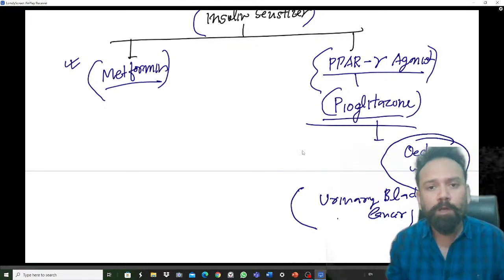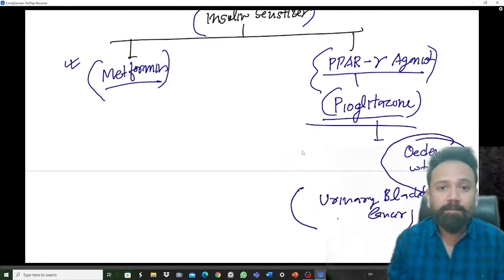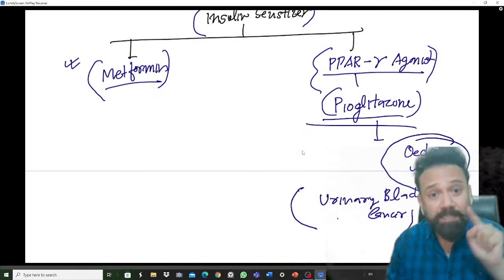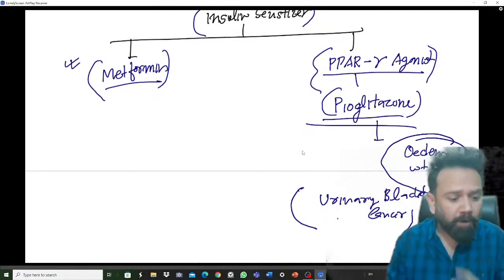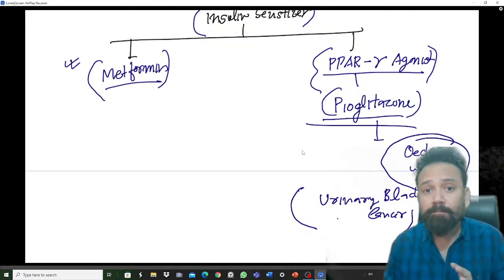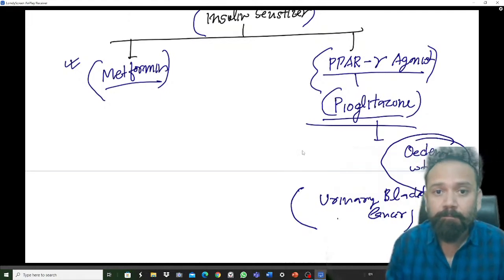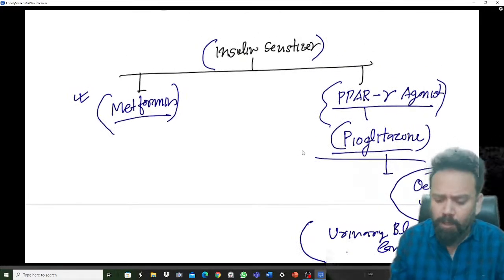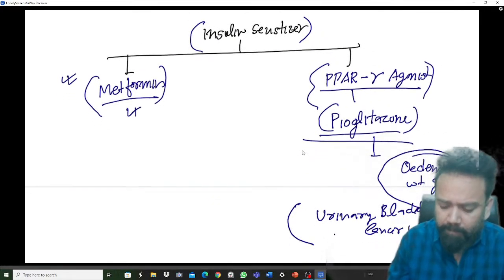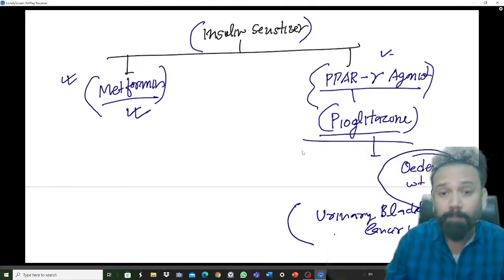But if you are 50 kilograms and have belly fat, the belly fat is visceral fat that causes serine-threonine phosphorylation of IRS1. That is affecting the receptor. Am I clear? So in all those conditions, we should always give metformin and a PPAR gamma agonist.